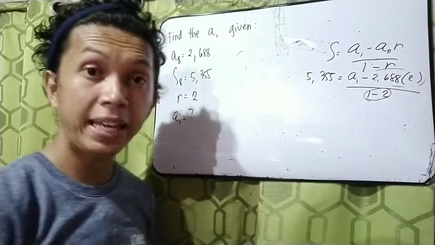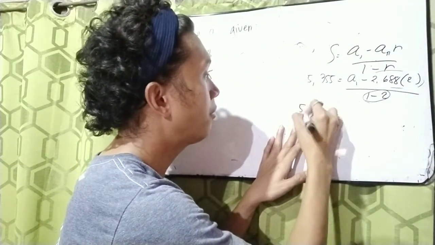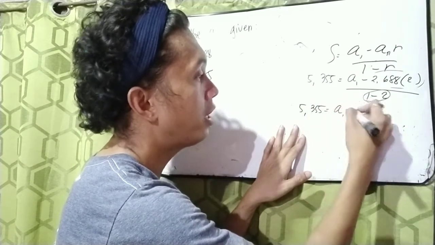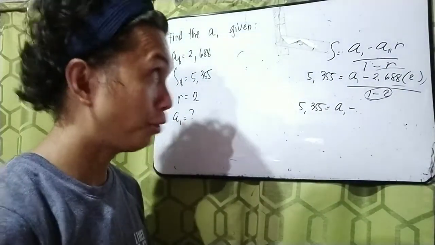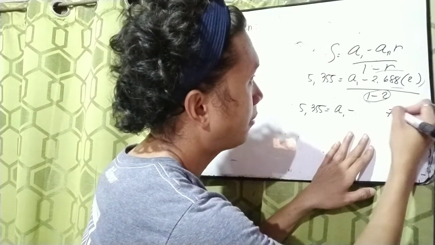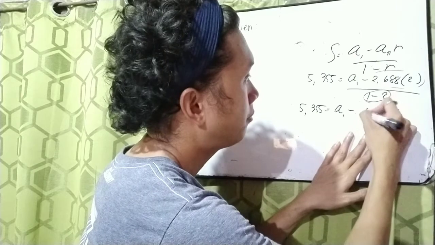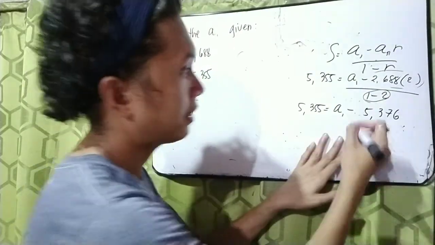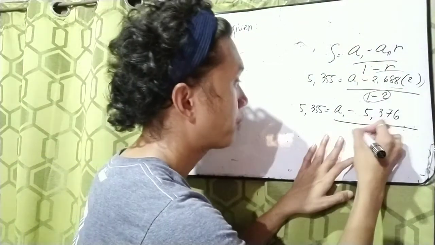Let's copy those numbers which are not affected. 5,355 is equal to a sub 1 minus 2,688 times 2, that will be 5,376, all over 1 minus 2, which is negative 1.